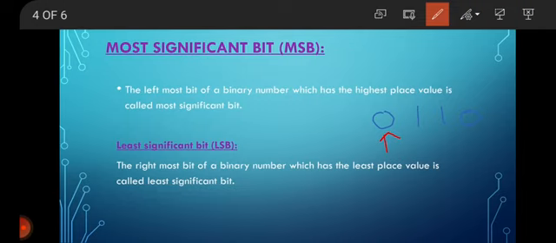And the least significant bit is the rightmost bit of a binary number, which has the least place value, called the least significant bit. So this is the least significant bit.